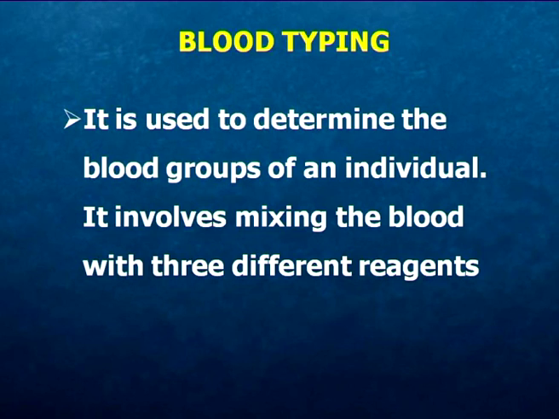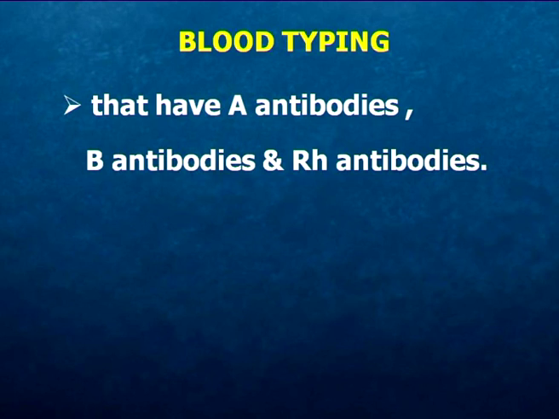Now, how to identify these blood groups? Blood typing is used to determine the blood groups of an individual. It involves the mixing of the blood with 3 different reagents: the reagent with A antibodies, the reagent with B antibodies and RH antibodies.